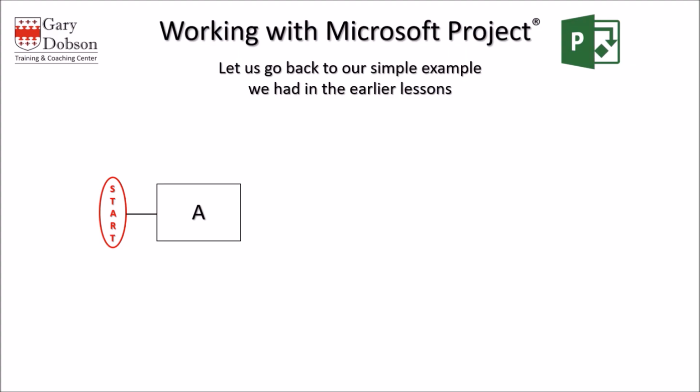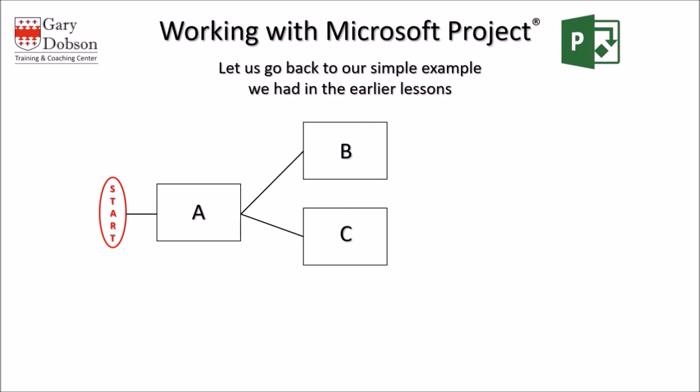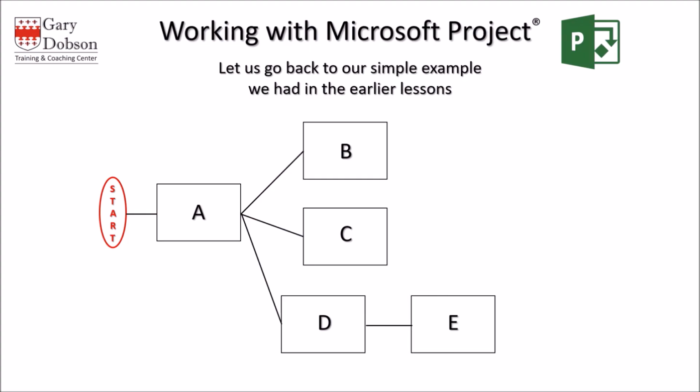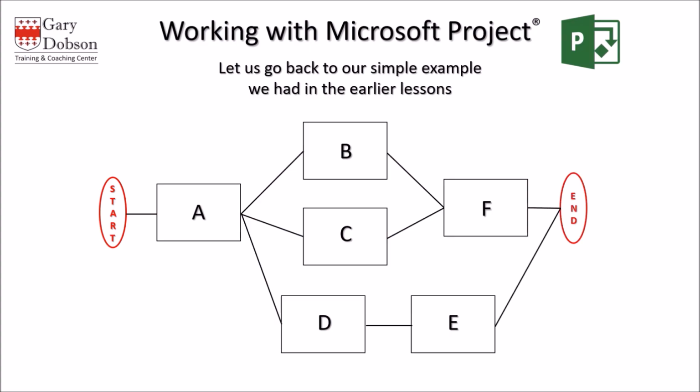Then as soon as activity A was complete, we could do activity B, C, and D. And as soon as D was complete, we could do activity E. But we couldn't do F until B and C were both complete. But as soon as E and F were complete, we were at the end of our project.